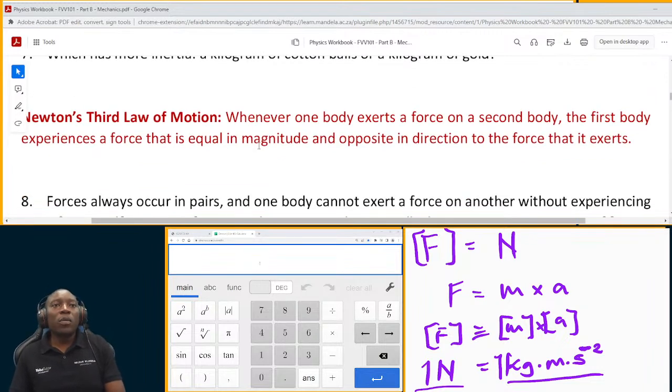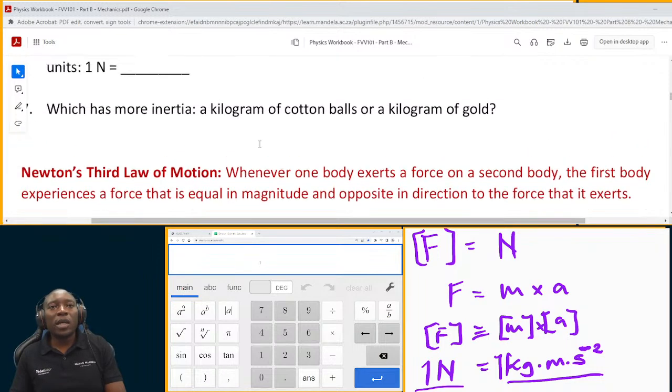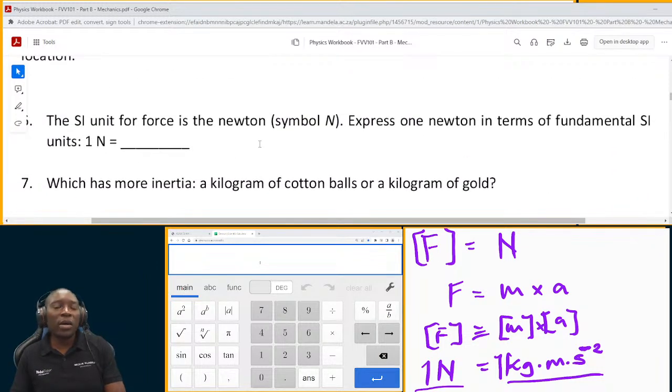Then the third law. When we said force and acceleration are in the same direction, they are also proportional. So we increase the force, we should increase the acceleration for a constant mass. At constant mass, increase force, you proportionately increase the acceleration.